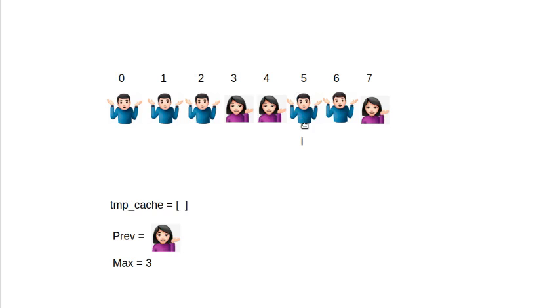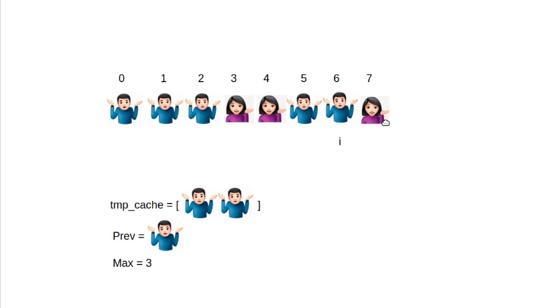So when you see the male, we need to put it into the temporary cache, we need to change the prev. So that's what we did. So when we are here, we put this value over here in the temporary cache. So we move to the 6th index and we add the value here. We have a previous as a male, that's still okay. So now we're going to be ending the male row, then we're going to be jumping to the 7th.